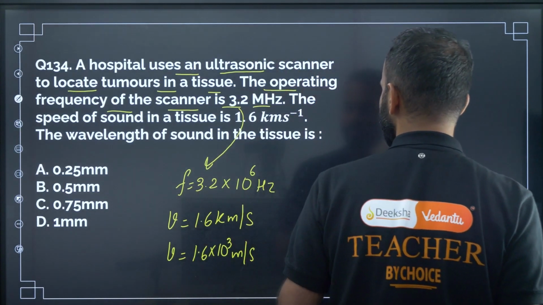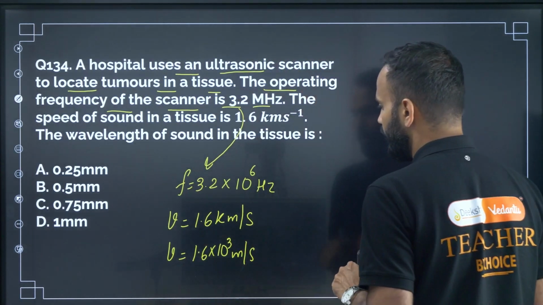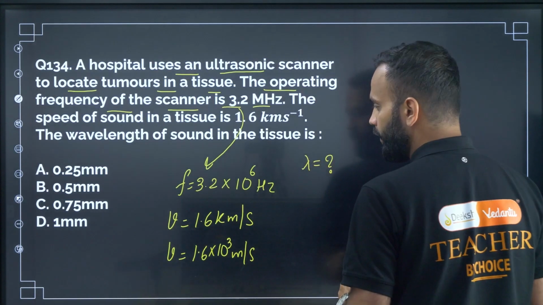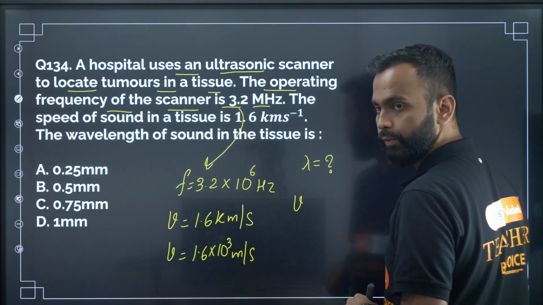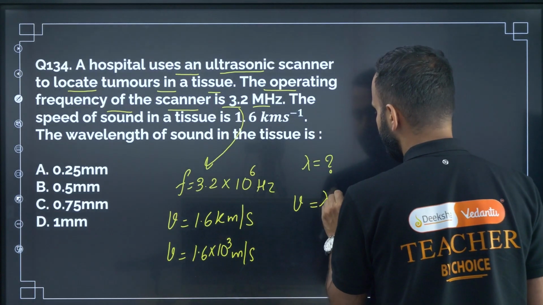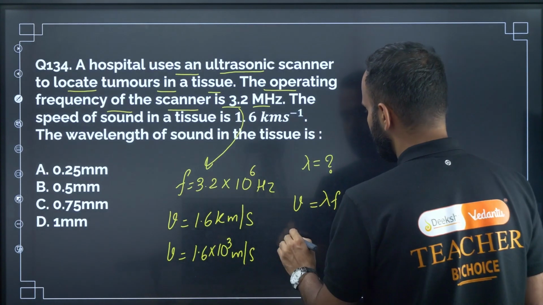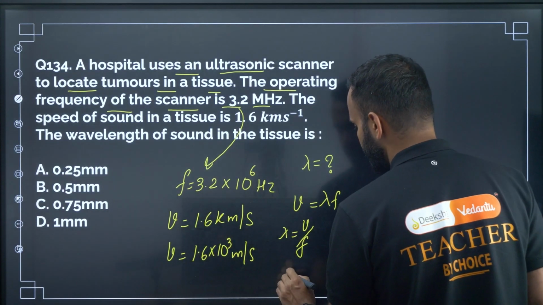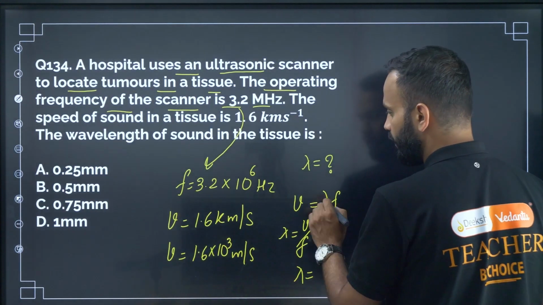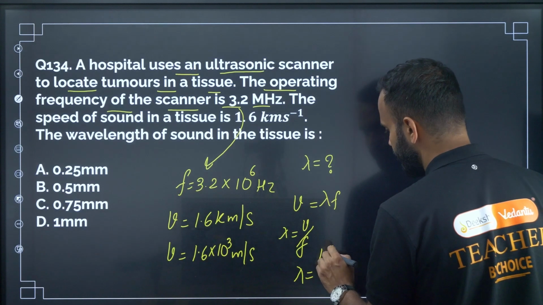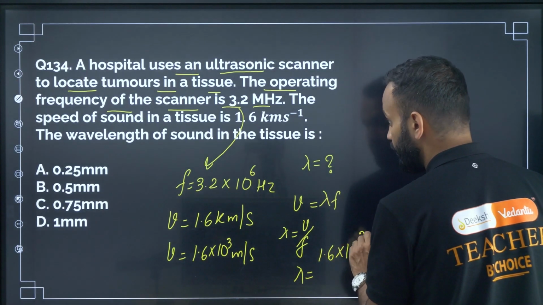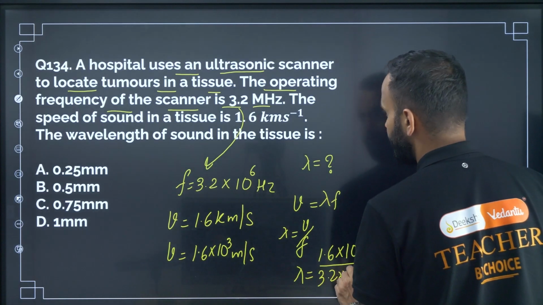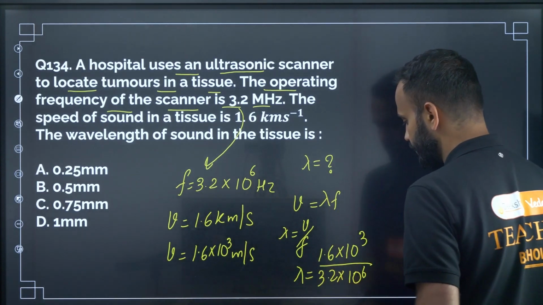The wavelength of the sound in the tissue is, okay, we need to find the value of lambda. We know that velocity of the wave v equal to lambda into f, right? So lambda equal to velocity of the wave divided by f. Now substitute the values. Lambda equal to v is 1.6 into 10 to the power 3 divided by f is 3.2 into 10 to the power 6.